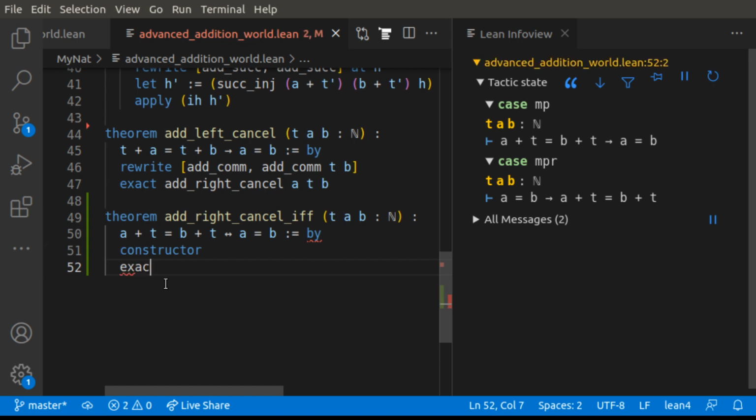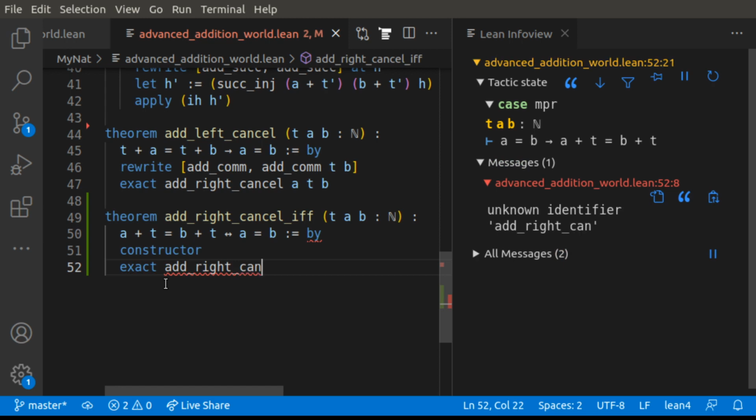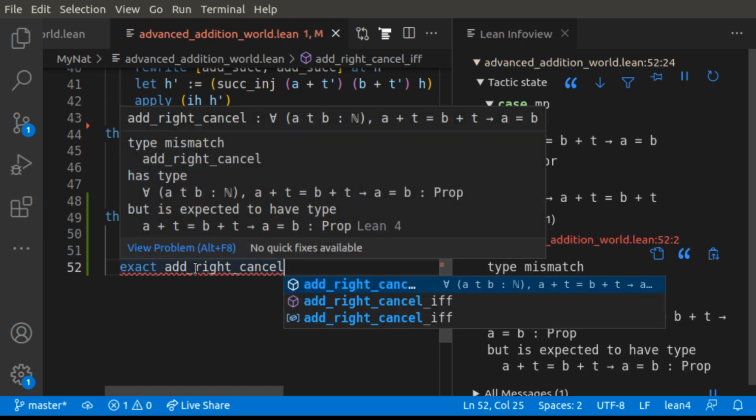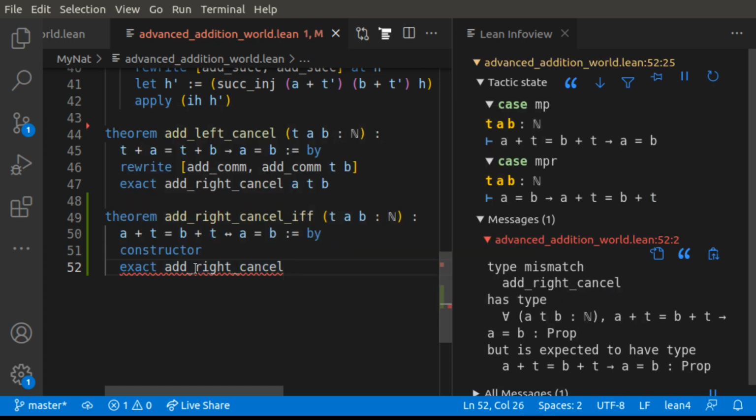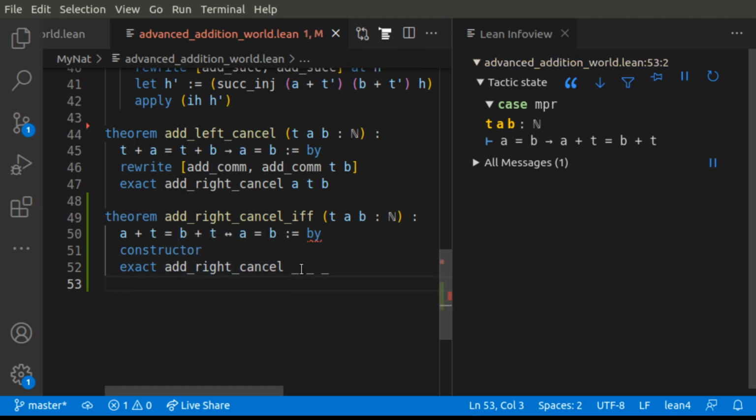Here we could do exact add_right_cancel, and this has type a t b, and I think we just do underscore, underscore, underscore to tell Lean, you're smart, figure out what variable to put in where. This becomes a, this becomes t, this becomes b. Great. Now we have the other thing to do: a = b implies a + t = b + t.